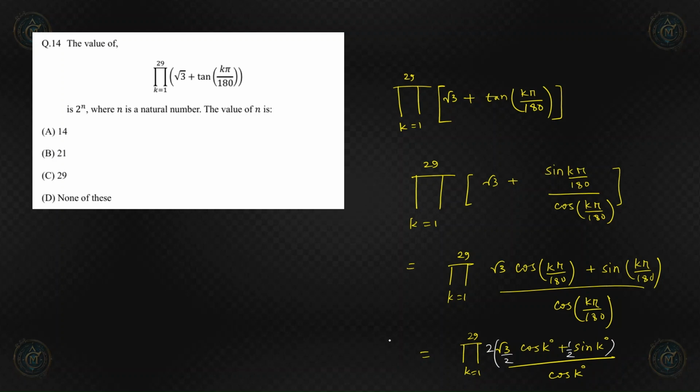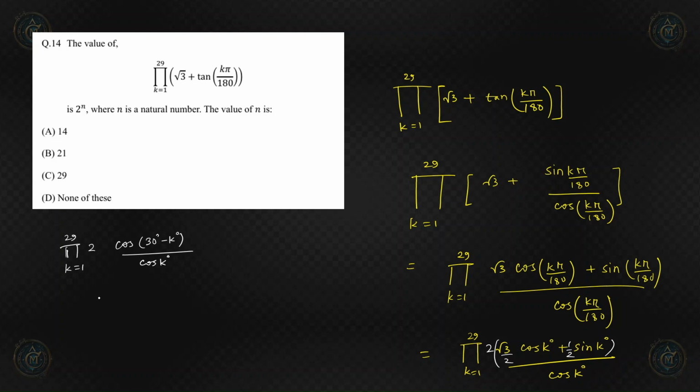So this will be product of k equal to 1 to 29 of 2 times cos 30 cos k degree plus sin 30 sin k degree, right? So this will be cos of 30 degree minus k degree divided by cos k degree.